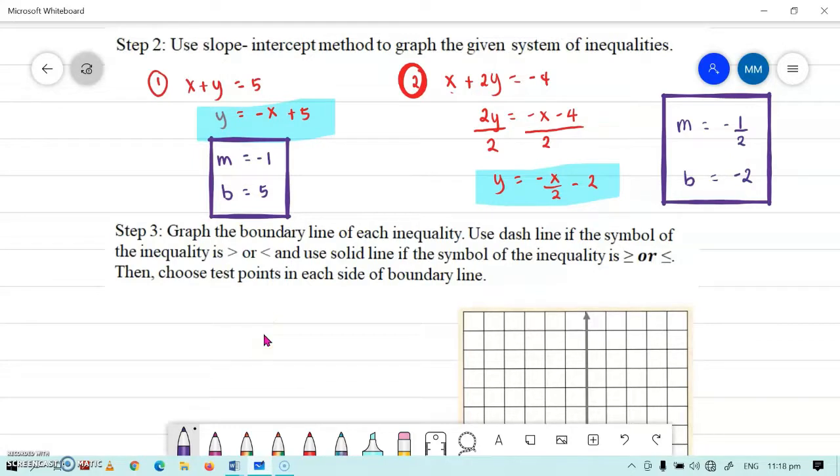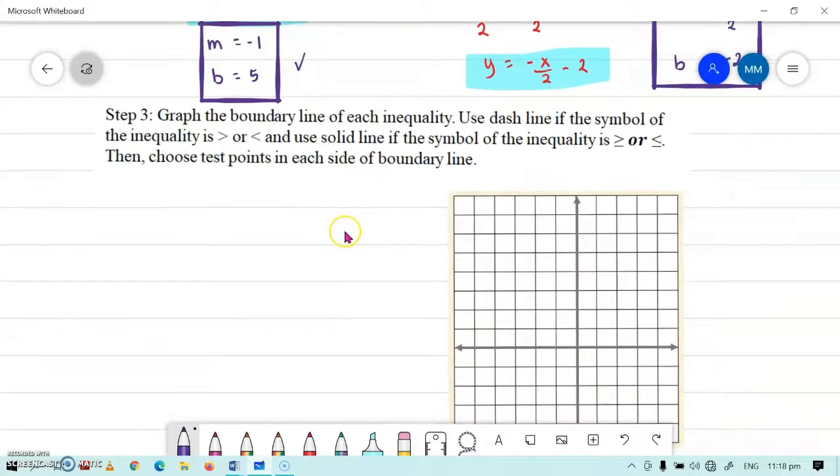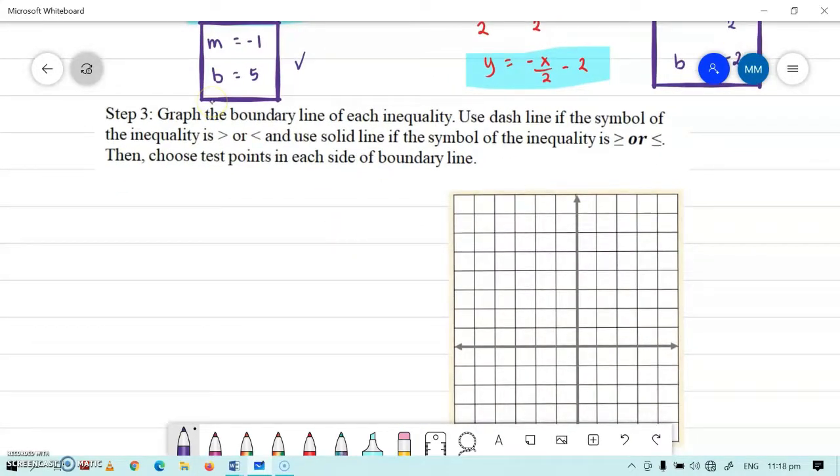Continuing, let's use now our results in step 2 to proceed with step 3. Let's have first the slope and the y-intercept of inequality 1. We have y-intercept is 5. Locate now y is equal to 5. So 1, 2, 3, 4, 5.